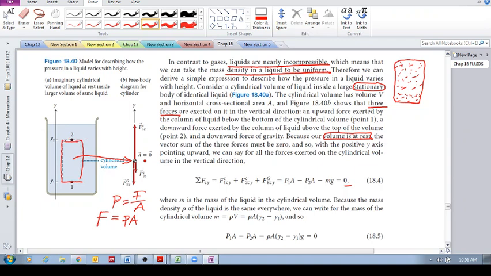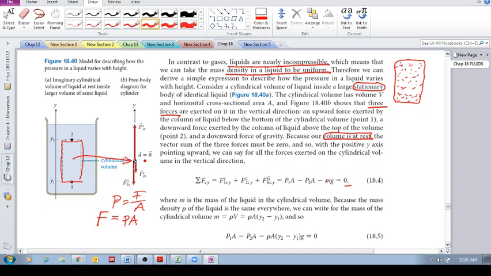It's the same area, and that's acting down, so it's minus. And then we've got minus mg. What is the force acting on this mass? It is the mass of this cylindrical volume of fluid times gravity. All right, great.